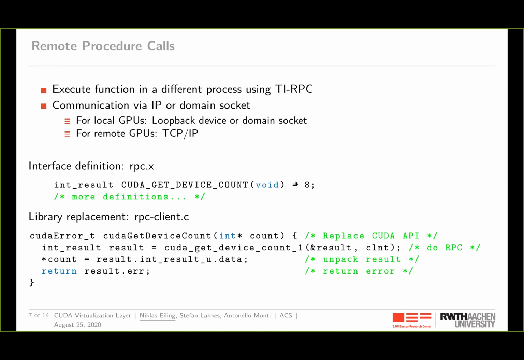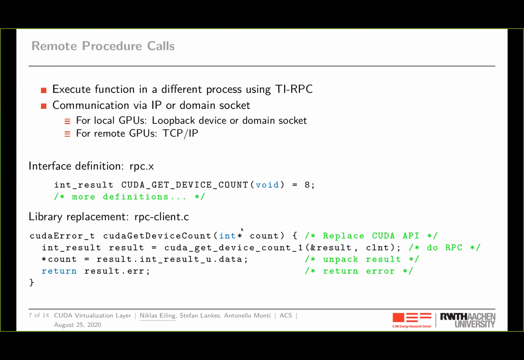From this, the TI-RPC generator then generates client and server code that is able to execute the remote procedure calls. And in the client application, that is basically the replacement for the original CUDA function.